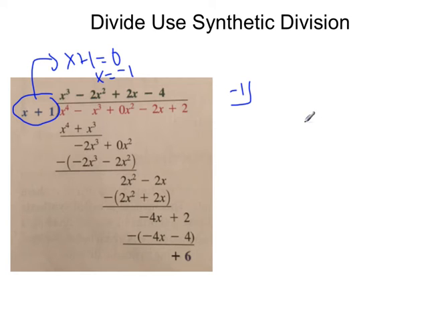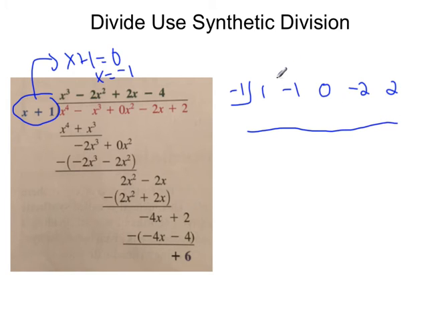So minus 1 is going to go up in the corner, and then I'm going to write the coefficients of what I'm trying to divide. So that would be 1, that's in front of the x to the 4th, minus 1, that's in front of the x cubed, 0, that's in front of x squared, minus 2, and positive 2.